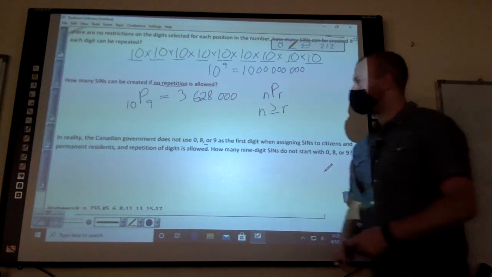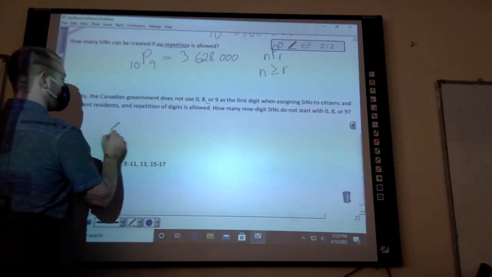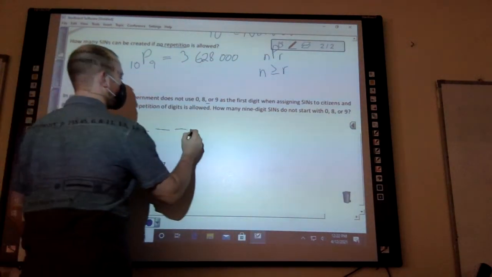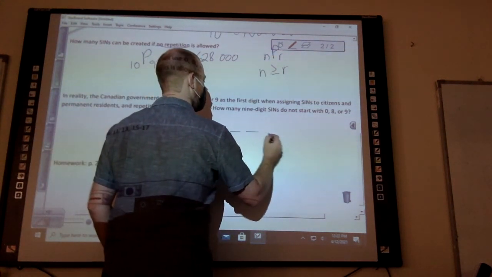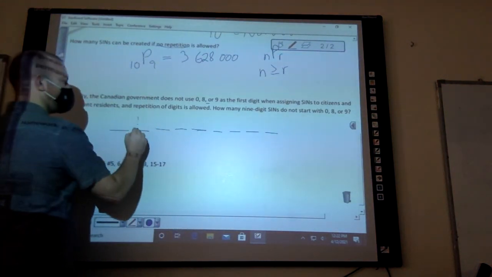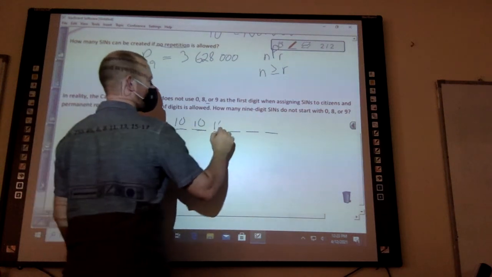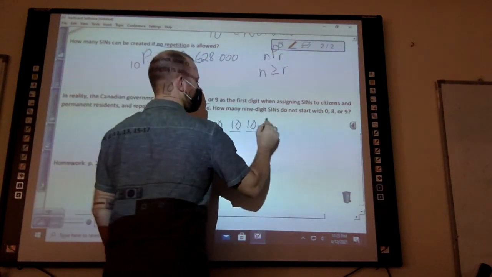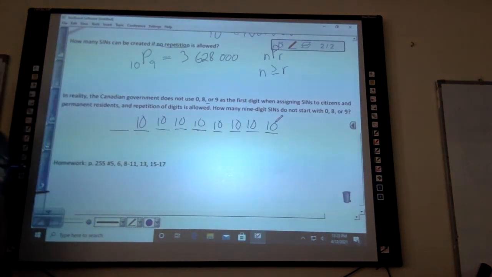So if we were to write out our 9 digits, 1, 2, 3, 4, 5, 6, 7, 8, 9, I haven't affected all the other digits, so those all stay 10. But how many options do I now have for the first digit?